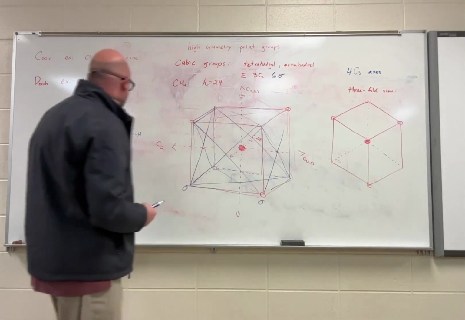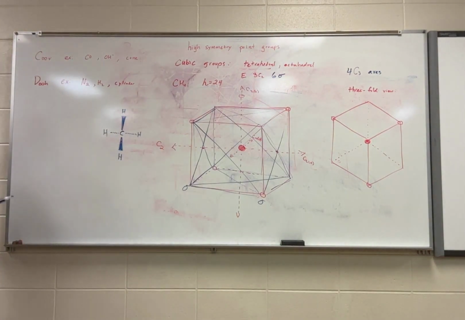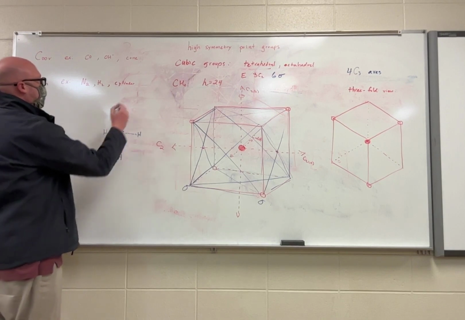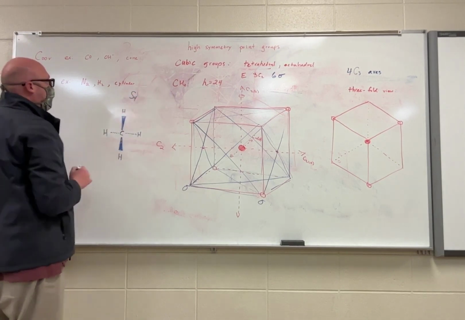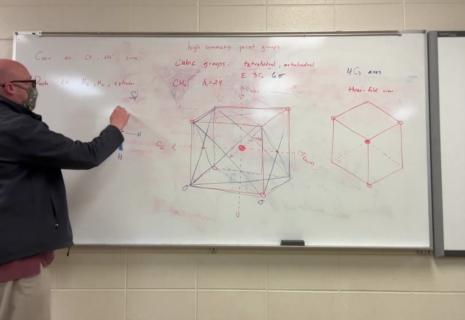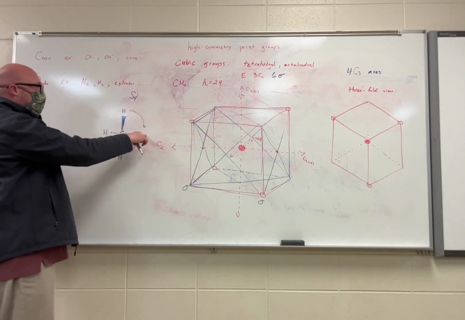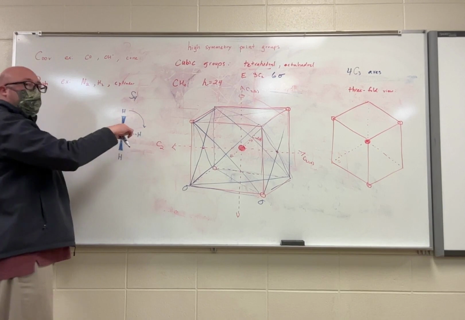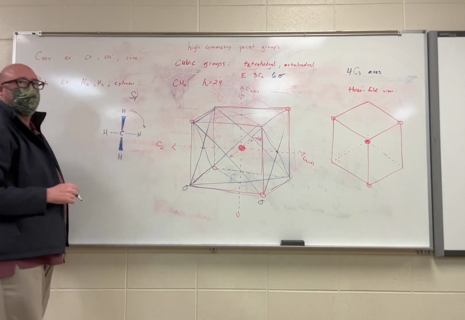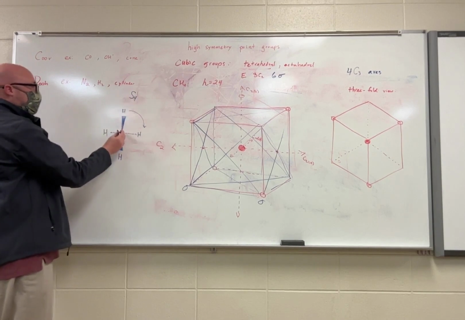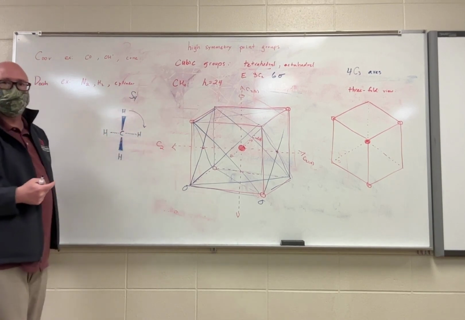What there is, I was tricking myself because I was thinking about octahedral. What there is an S4. Okay? So notice I can rotate by 90 degrees. This hydrogen moves towards you, but in the right orientation. And then if I perform the reflection about the plane perpendicular to the S4, it now goes away from you.